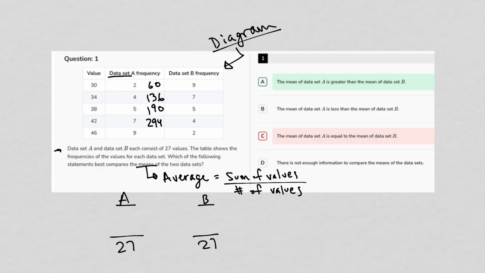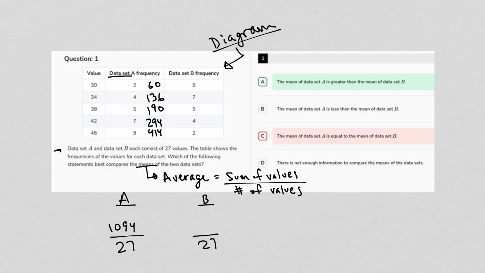And there are 9 46s, or 9 times 46, which gives me 414. All right, so the sum of all that together, I'm just going to add them all up. So I'm just going backwards, 414 plus 294 plus 190 plus 136 plus 60. I get 1,094.